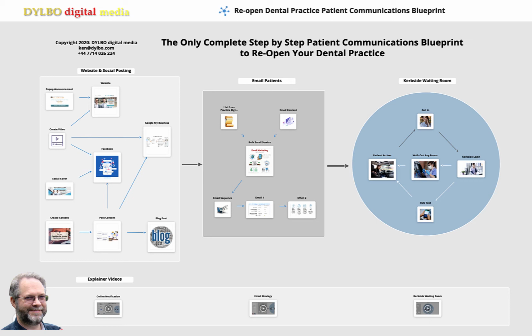So the first 2 blocks there look at communicating while in lockdown and while approaching reopening, as well as ongoing communication. And the third there, the Kerbside waiting room, looks at the process to make it easier for you and your staff to communicate with patients in a different way of waiting for appointments.